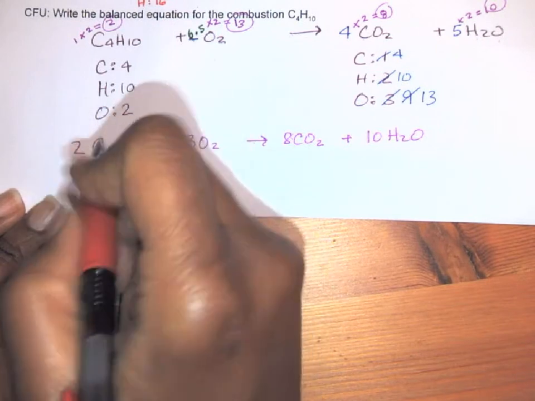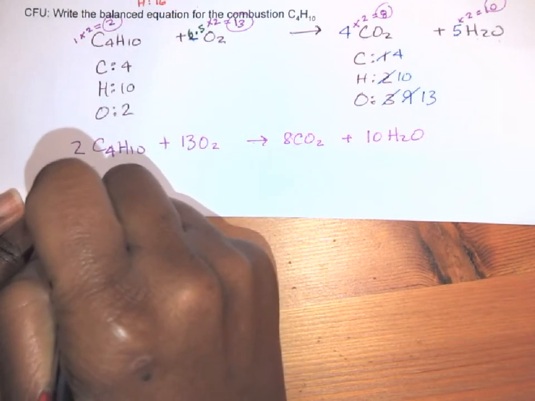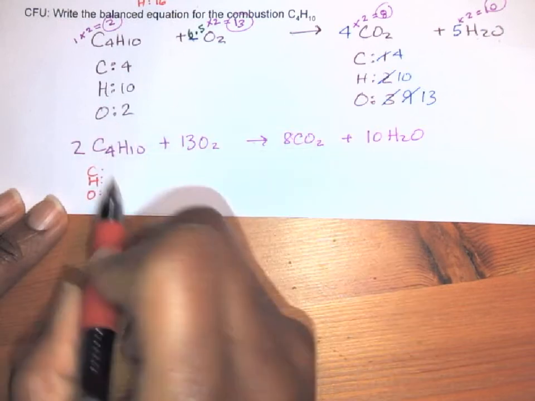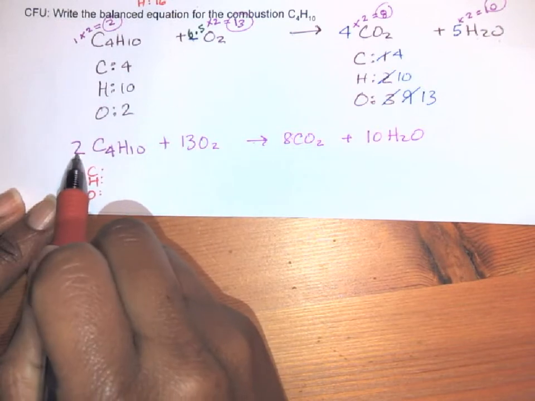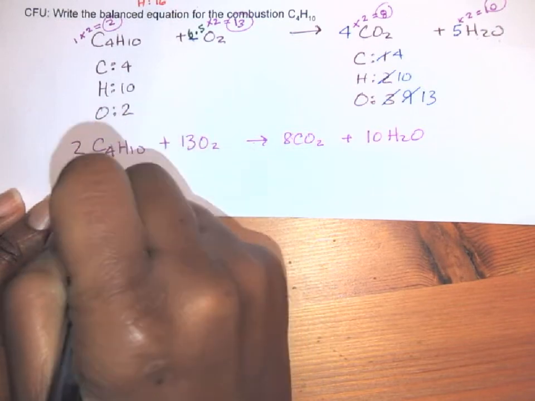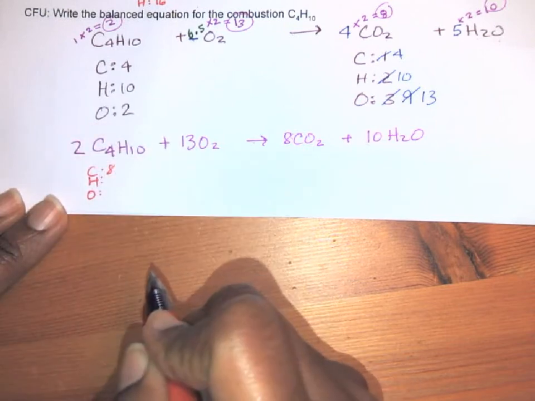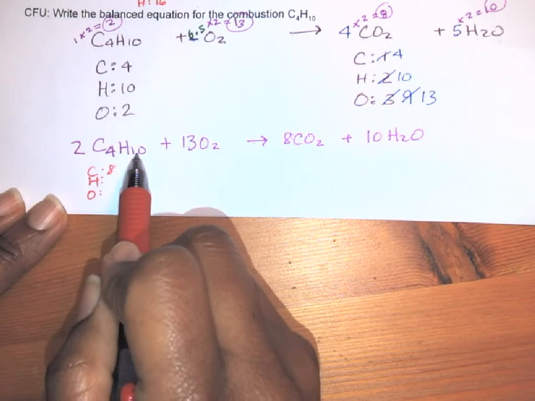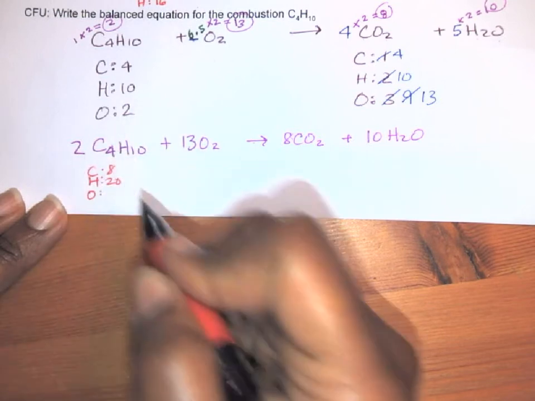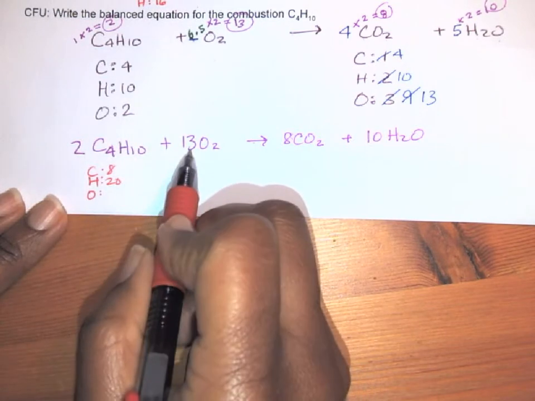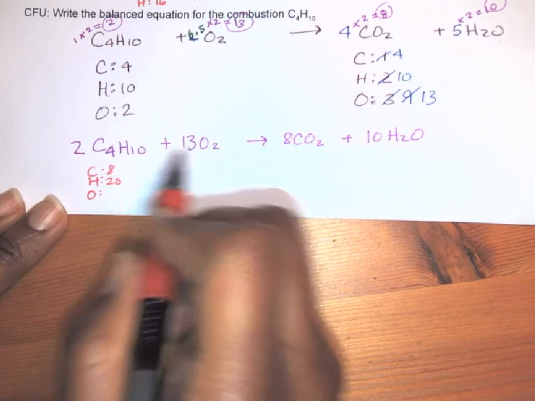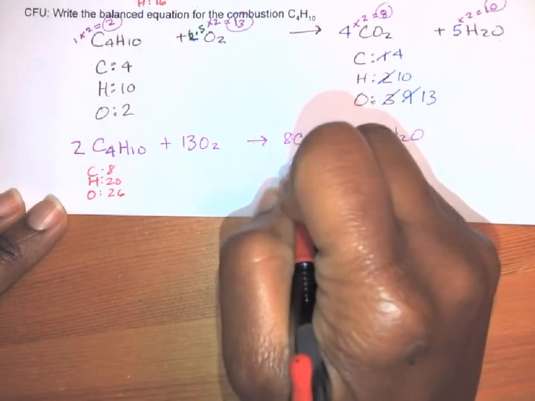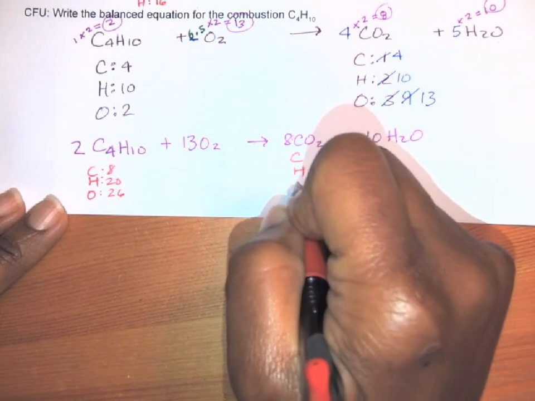To check that, I'm going to do a tally again for carbon, hydrogen, and oxygen. Starting with my carbons, I have 2 times 4, so 8 carbons on the reactant side. For hydrogens, I have 2 times 10, which is 20. And for oxygens, I have 13 times 2, which is 26. On the product side, I do the same thing.